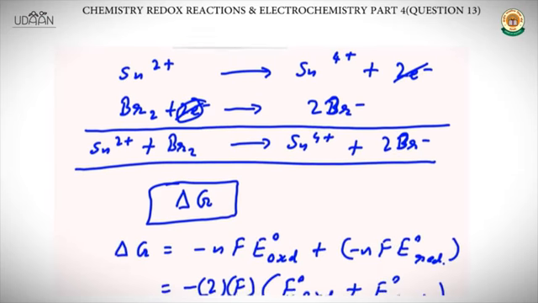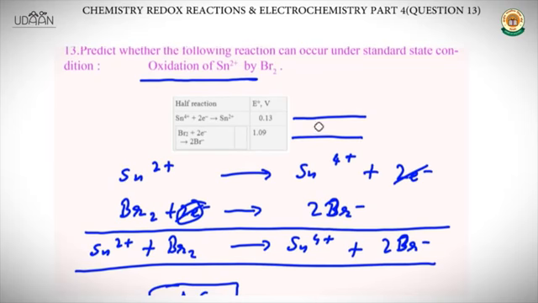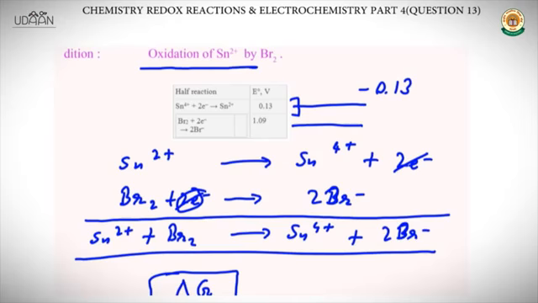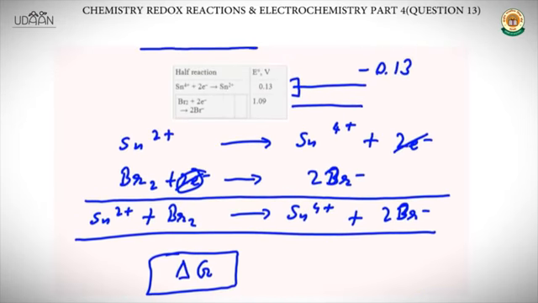So for E0 oxidation, this would be minus 0.13, as the reduction potential values are given, so the oxidation would be reversed. Minus 0.13. And for E0 reduction, it is directly given as a reduction potential, hence it would be 1.09.